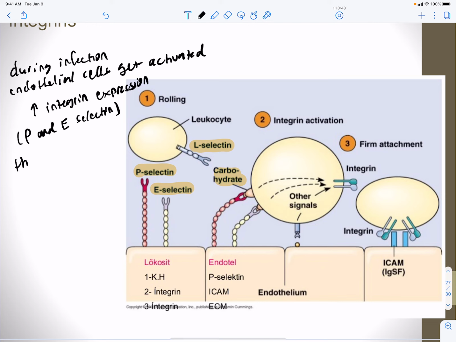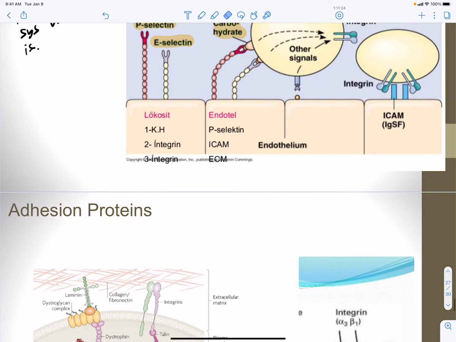And this sort of tells your immune system where the infection is. So for example, if you have a coronavirus infection of your lung, cells will increase expression of E-selectins, and it'll tell your white blood cells that are circulating that this is where the infection is occurring. You need to stop, enter the lungs, and try to get this infection under control. And so that's another function of integrins.